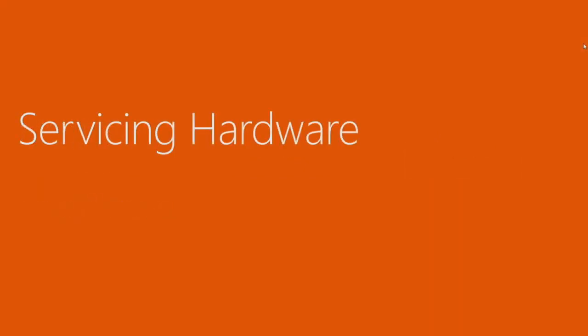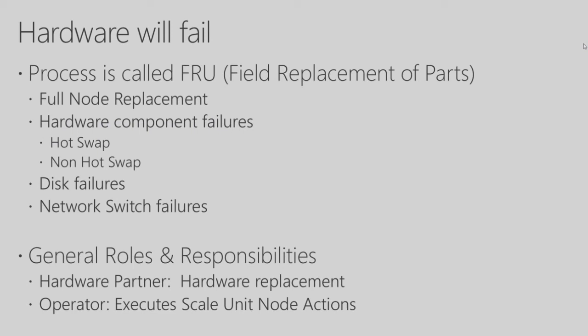Now, hardware does fail in data centers. So we integrated Azure Stack into Contoso's data center, and now we keep operating Azure Stack in Contoso's data center, and hardware does fail. So we've designed an experience in Azure Stack to provide field replacement of parts, which really addresses a couple of scenarios.